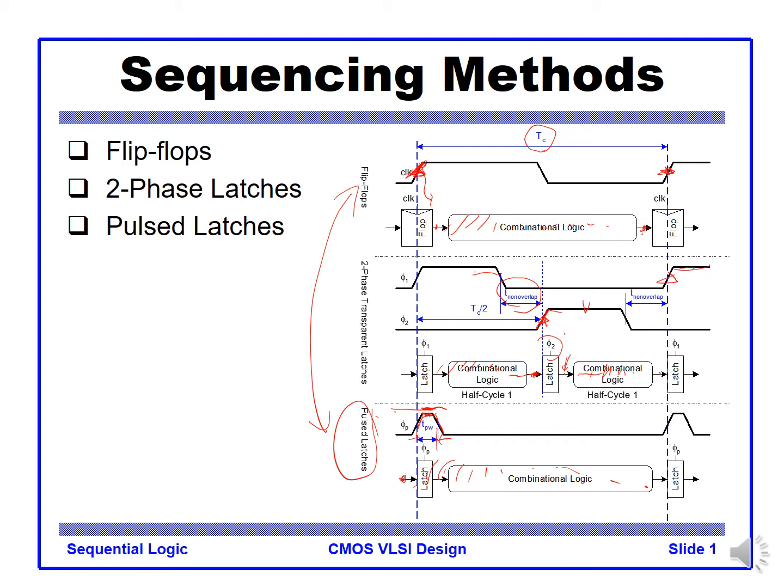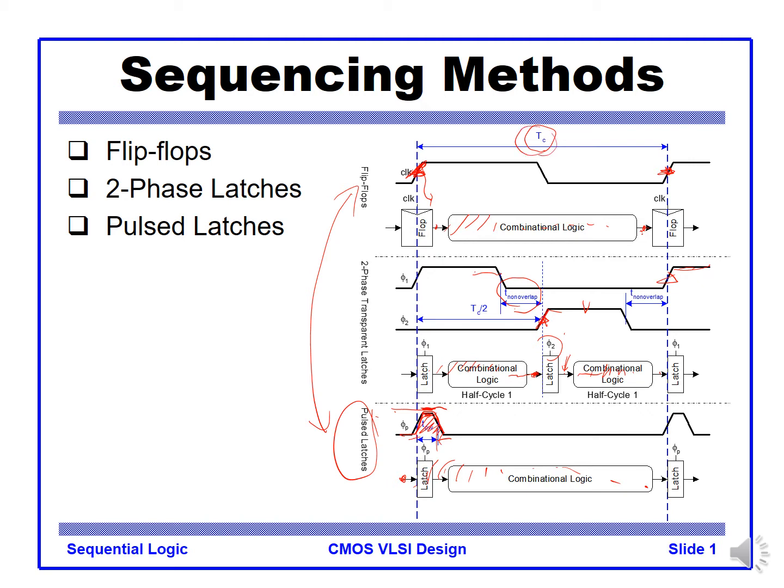But for the pulse latch, the beginning and end are specified by the pulse, right? For all those three elements, the time for the combination logic to complete each operation is spared for about one clock cycle, right?